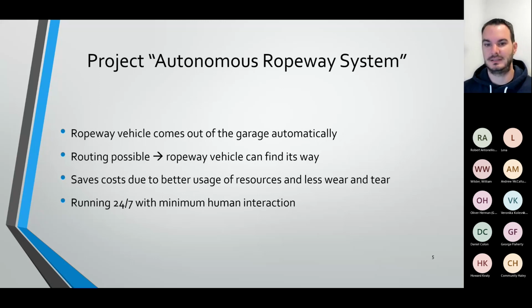And another nice feature is that if you have a smart system, you can implement routing through a system or through the network. For example, right now, you just go from point A to point B. But with this smart system, every vehicle can find its way through a network.